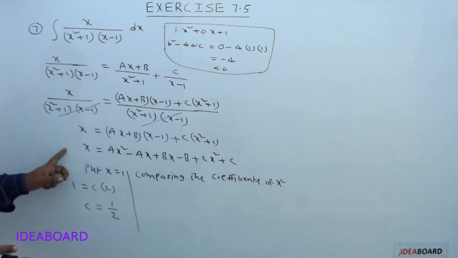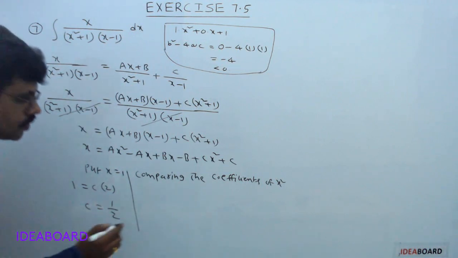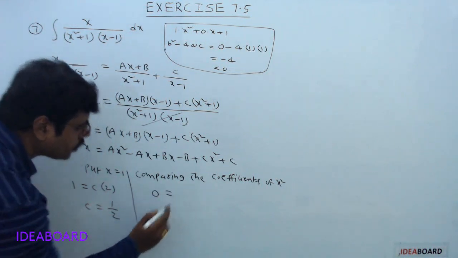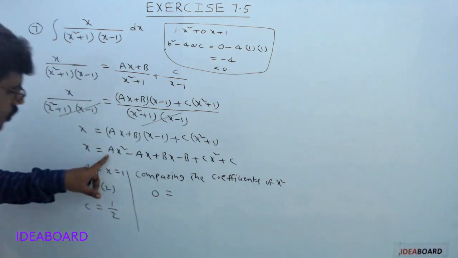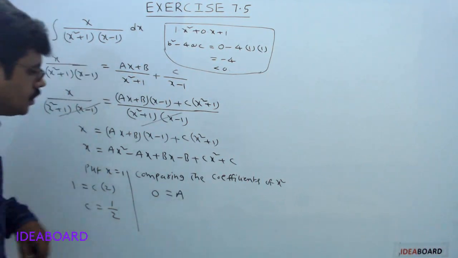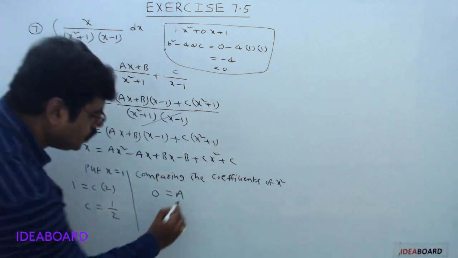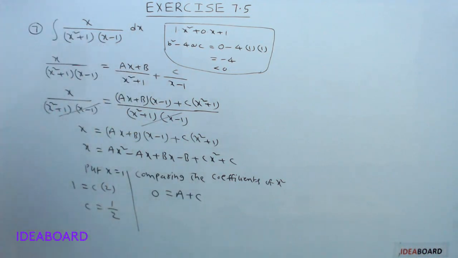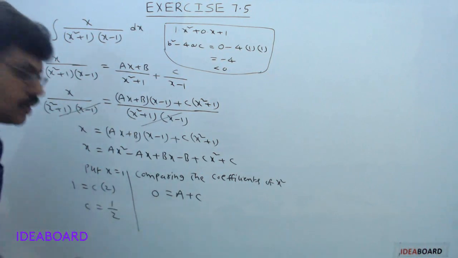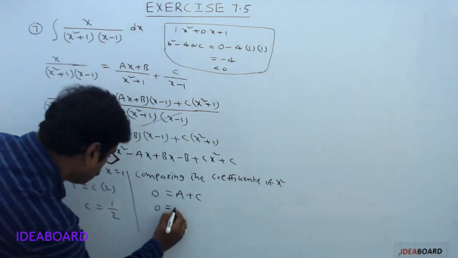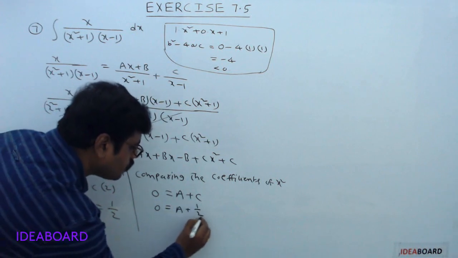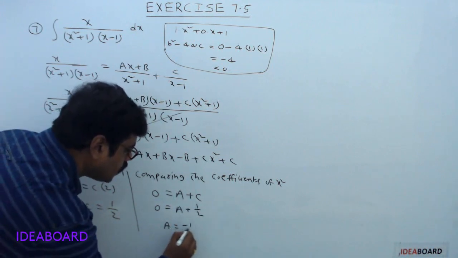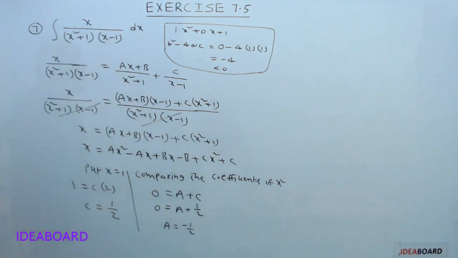So the coefficient of x square on the left hand side will be 0, equals: here the x square coefficient is a, here the x square coefficient is c. So 0 equals a plus c. Substitute the value of c in this equation. Now 0 equals a plus 1 by 2. From this, a value is minus 1 divided by 2.